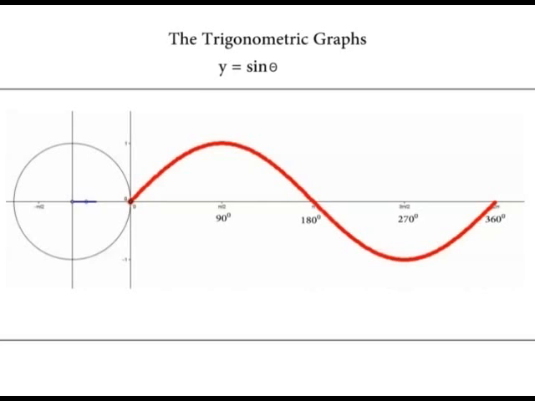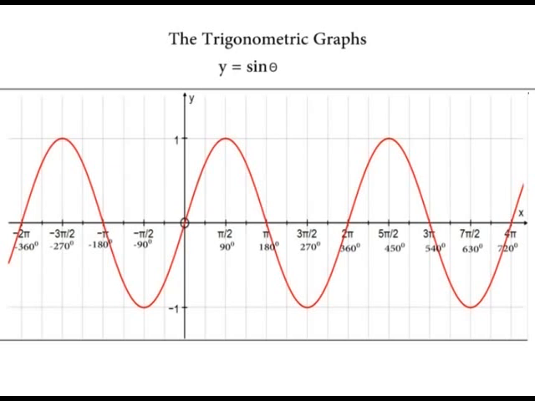In the unit circle, we have completed one revolution and also the wave has formed one cycle. If you were to go beyond 360 degrees, you will have to start another cycle on the unit circle, and the wave will also start from 360 degrees or 2 pi radians. We say that the wave is periodic, that is, it keeps repeating itself.